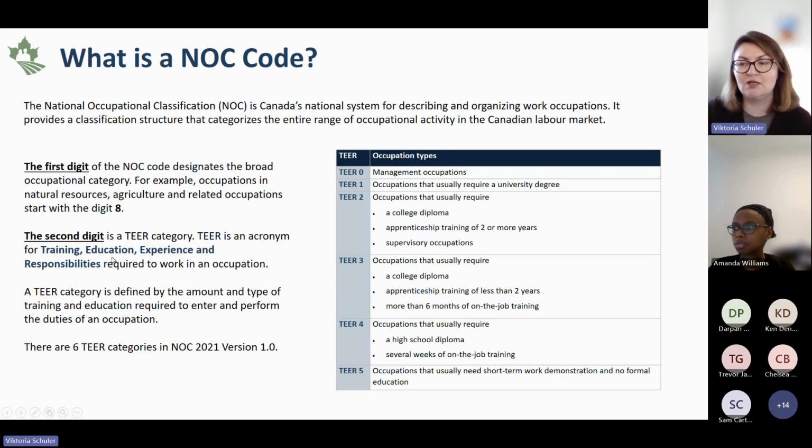The second digit is the so-called tier category, and TEER is an abbreviation for training, education, experience, and responsibilities required to do the work. The tier category is defined by the type of duties and the type of training and education required.